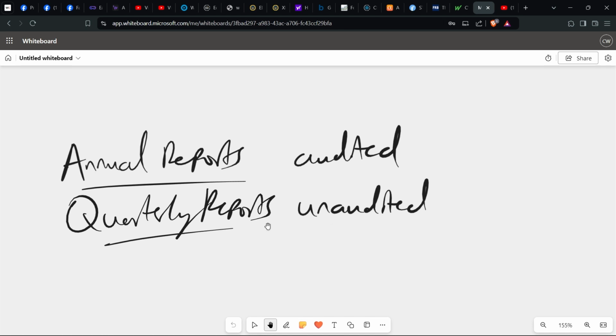So there might be a lot of things that have been overstated or understated in the quarterly reports because they're usually unaudited. So what you want to focus on is the annual reports, which are audited and have been verified to be true. And in case of any confusion, there are usually notes within the report to clear it up.